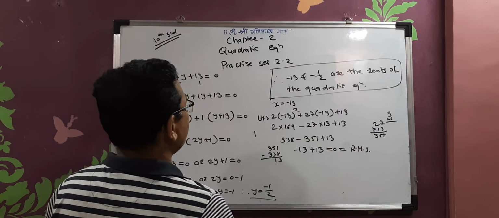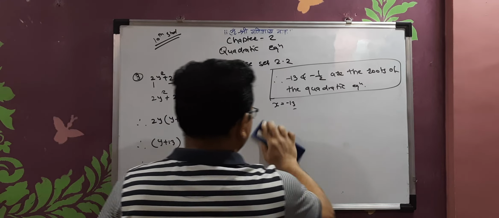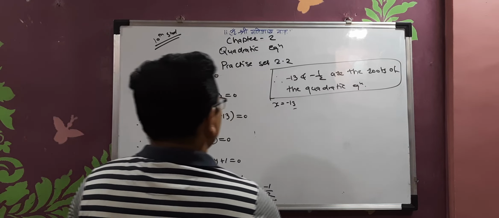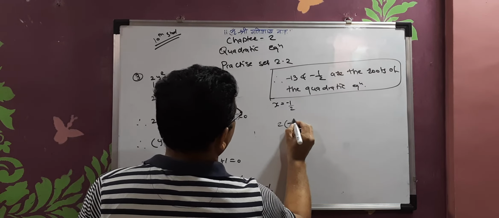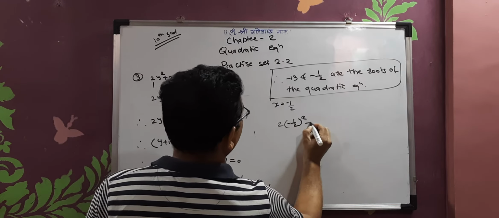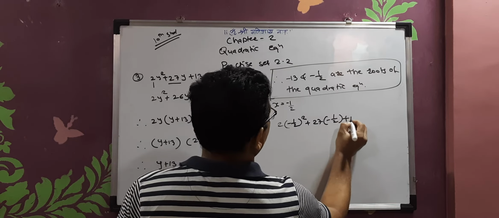So next is minus 1 by 2. So we put minus 1 by 2 in this equation. What will the equation become? 2 into minus 1 by 2 the whole square plus 27 into minus 1 by 2 plus 13.